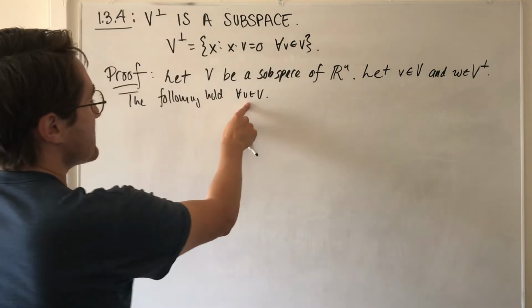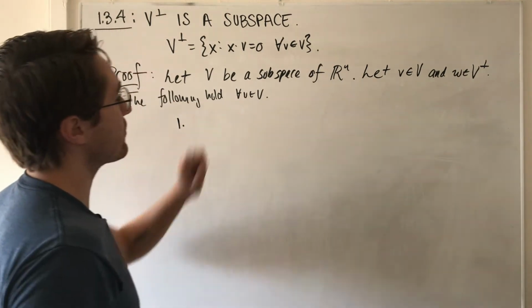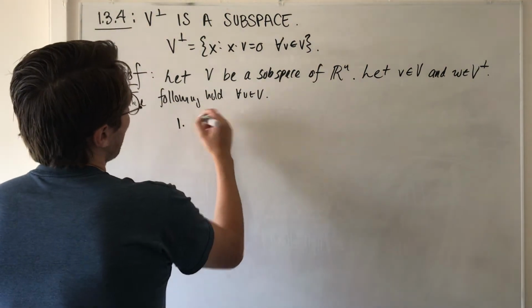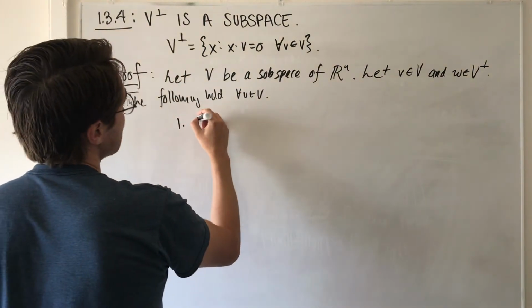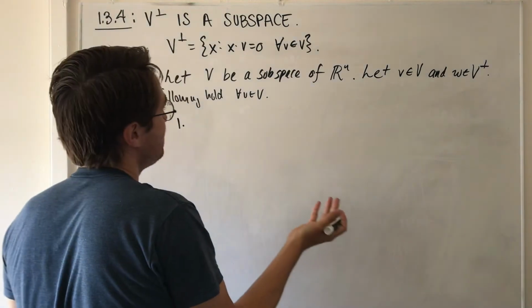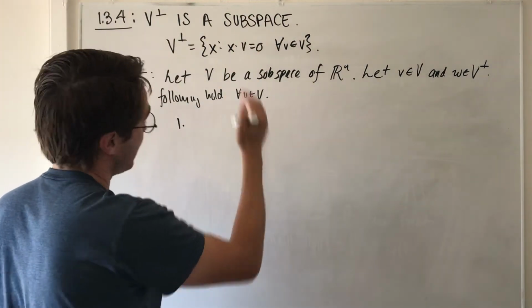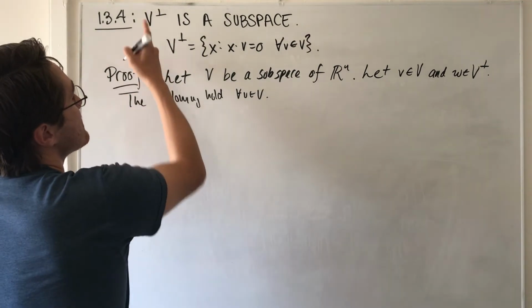So I'll take care of that statement once here. And all three of these properties should hold for all v in V, or at least where it's relevant. Okay, so at first we want to show that 0 belongs to this set.